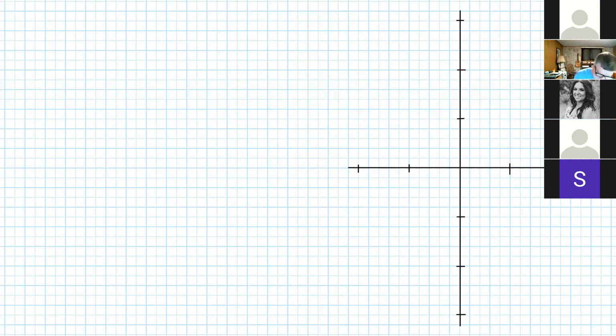Let's take a look at this one. 5x plus 4y greater than or equal to 20. All right. I don't know if it's going to be confusing to you for me to jump back and forth between the two methods. Here's what I think I'm going to do. I'm going to use the slope-intercept method. When I'm done with it, if anybody wants me to go back and use the just plotting points method, let me know, wave at me, yell at me, something, and I will go back and do it that way.